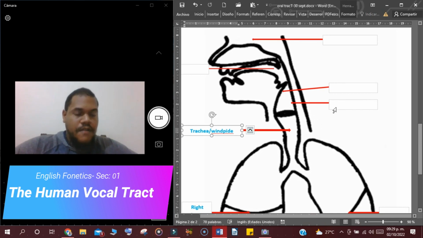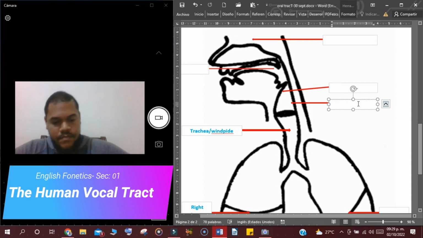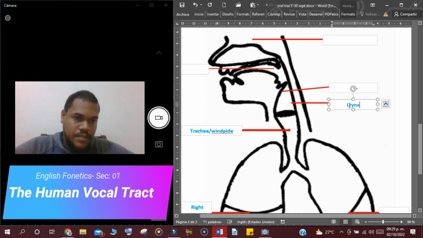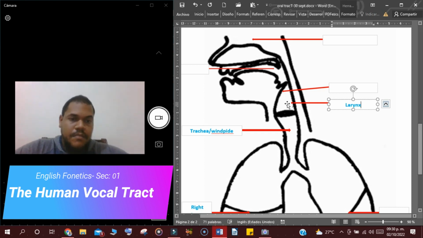And here we have the larynx. The larynx comes immediately at the top of the trachea, right here, and it holds the vocal cords.